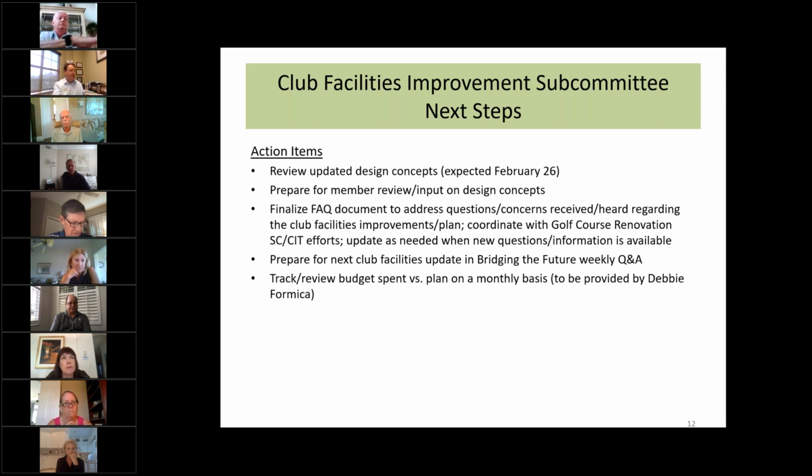So that's more of a general page. Then on the right, there's going to be tabs that take you into the two subcommittees. So you'll see a tab within that page on the right for club facilities improvement and golf course renovation. When you go into those individual subcommittee tabs, that will take you to a page that has all of the minutes from those subcommittees.